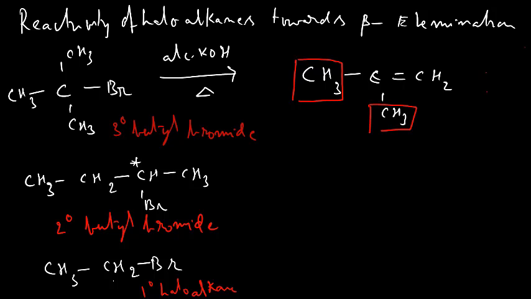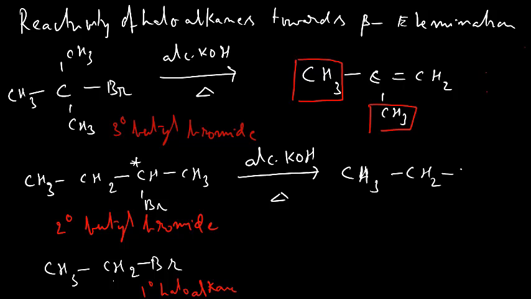On the other hand, when secondary butyl bromide is heated with alcoholic KOH, what do we get here? CH3, CH2, CH, double bond CH3. Here to this double bond only 1 alkyl group is connected.